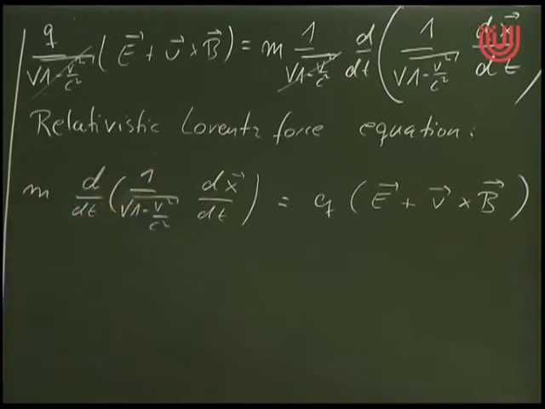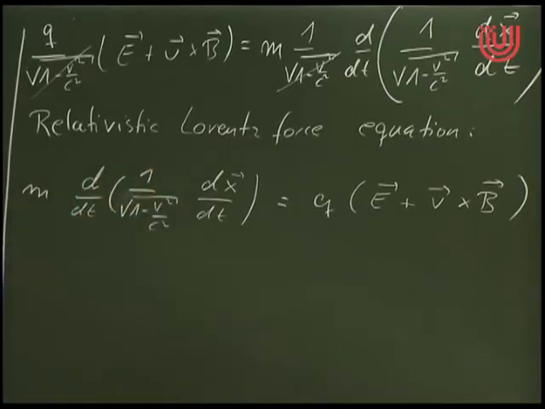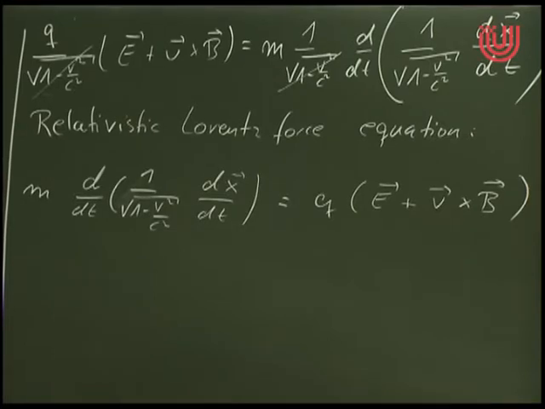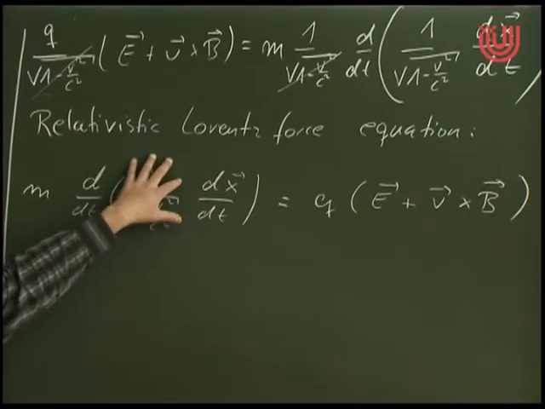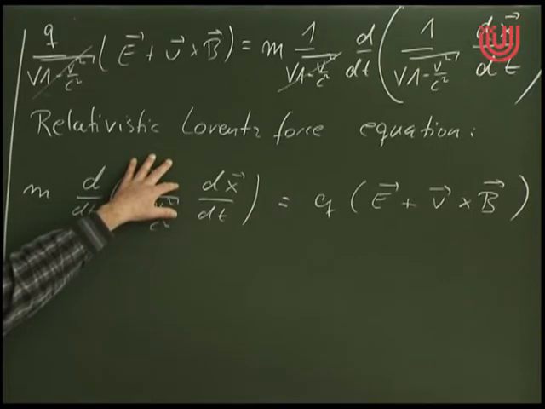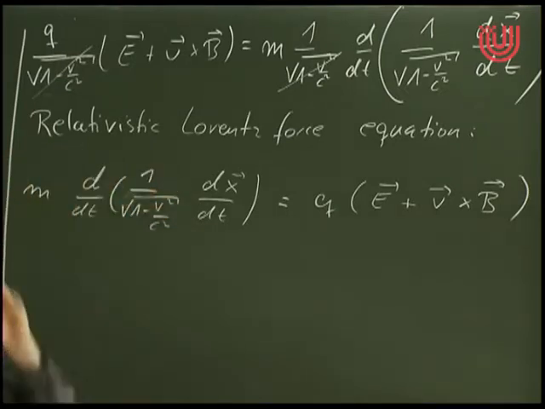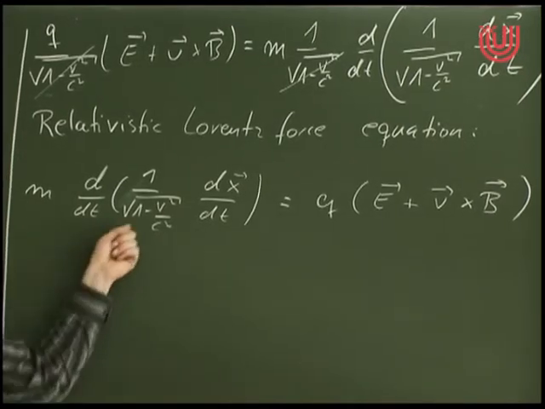Yeah, when Lawrence invented the cyclotron in the, I think, early 30s or so, he worked actually with the old Lorentz force equation, and he designed the cyclotron in order to work properly with this formula. And for the cyclotron, this is fine because he used sort of ions which are not so fast. But in a synchrotron, where you have electrons which move at a speed very close to the speed of light, then you have to use this formula.